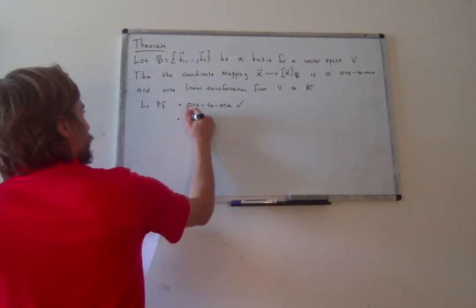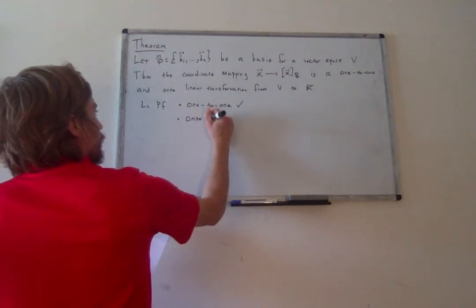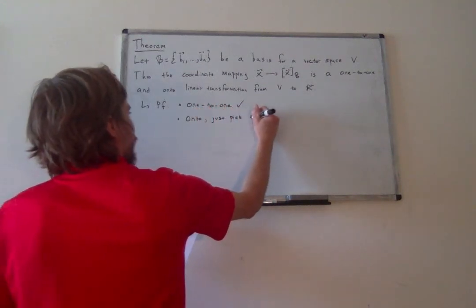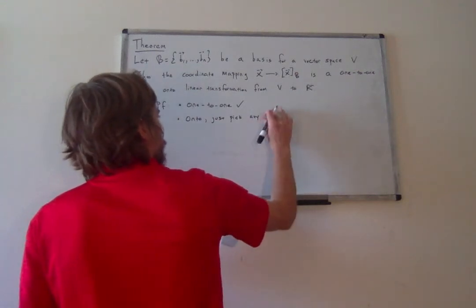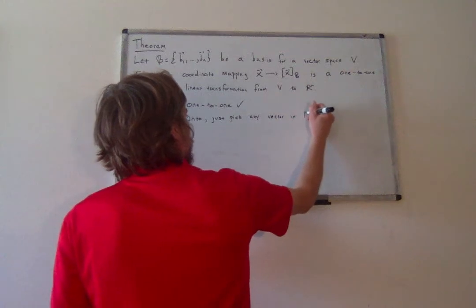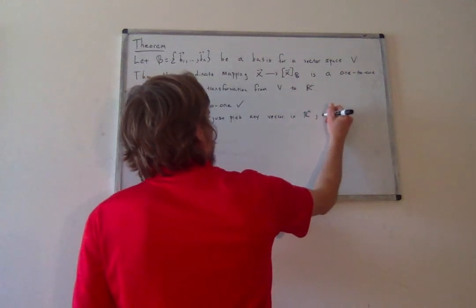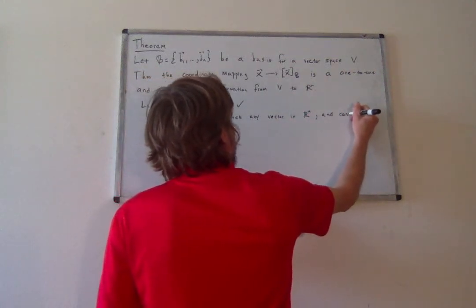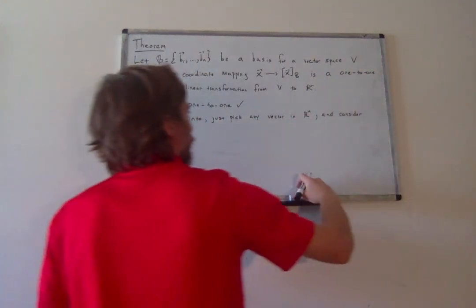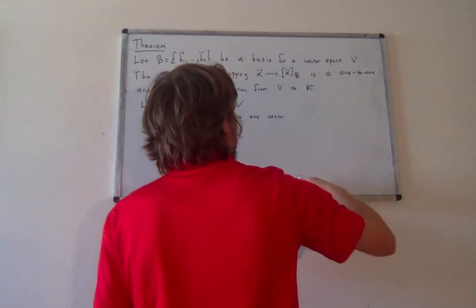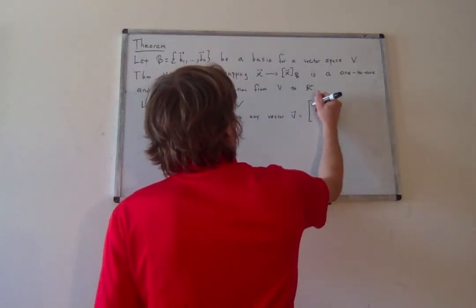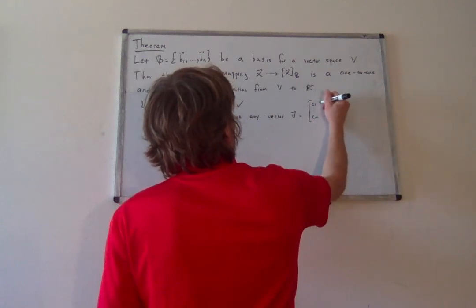To see that it's onto, just pick any vector in Rn, maybe we'll say pick any vector v, which we'll define as c1 through cn.